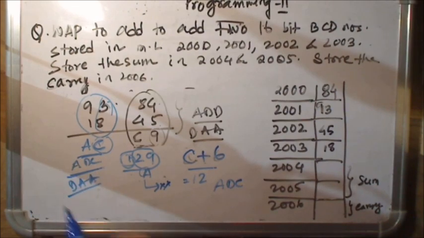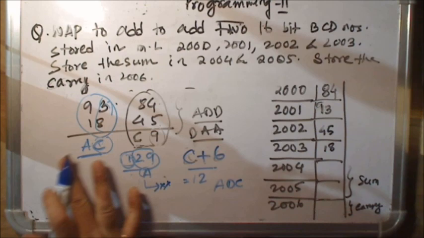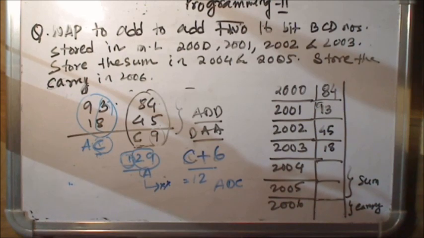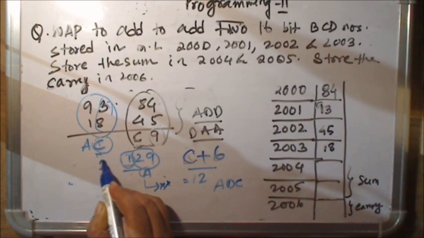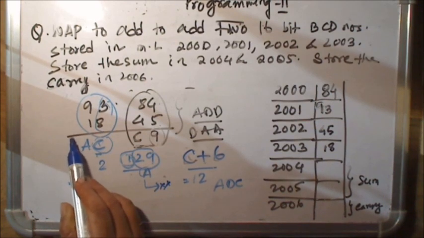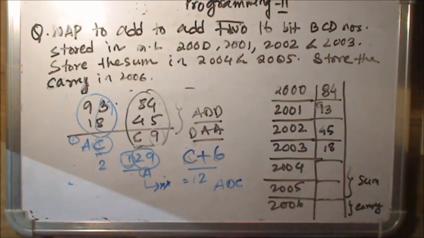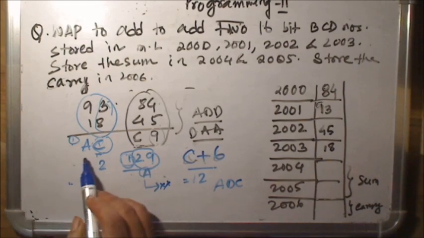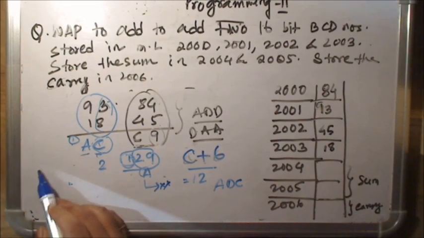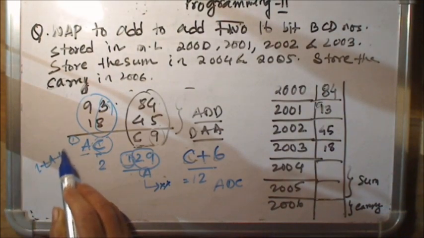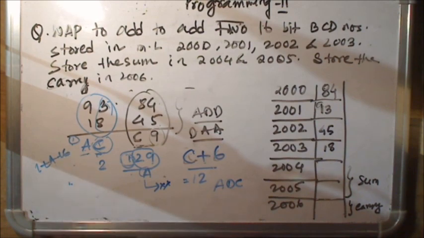So we will be adding 6 to C. So C plus 6 is 12, so 2 stays and 1 will go as carry. So 1 plus A plus 6, since A is also greater than 9. Okay, so what is 1 plus A plus 6?